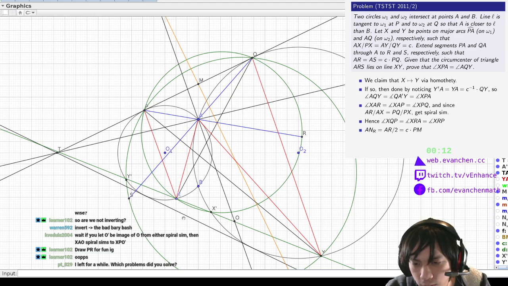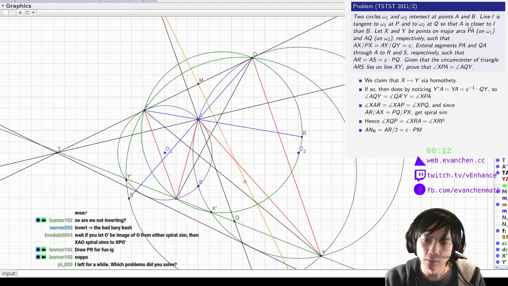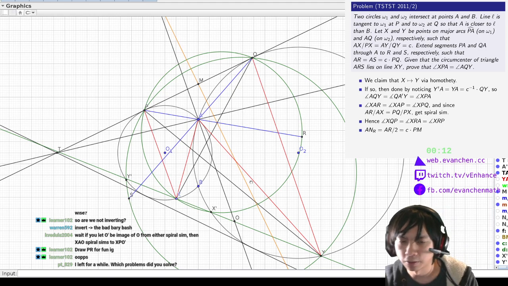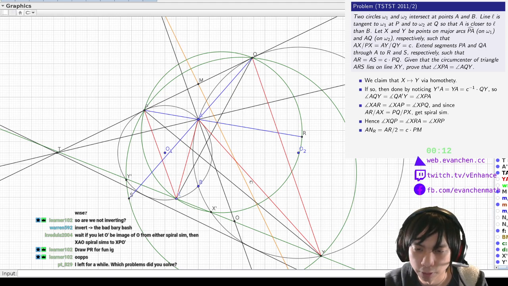Okay, so XA is the angle bisector of the blue things. We don't know AX and AY are orthogonal in the red thing. That's what we want to show.